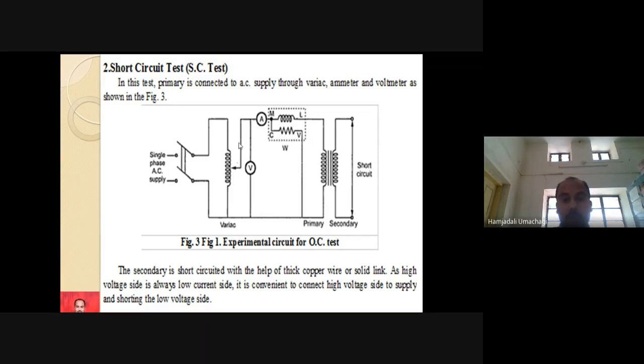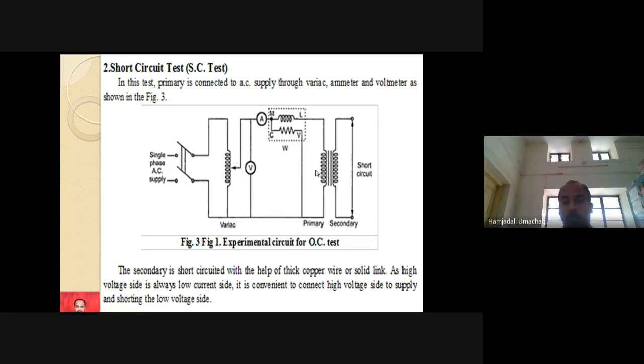By applying a very small amount of voltage, you should get the rated current value here. Since the applied voltage is very small, we call the short circuit test by another name, the reduced voltage test. Reduced means a very small voltage is sufficient to carry rated current through this transformer.